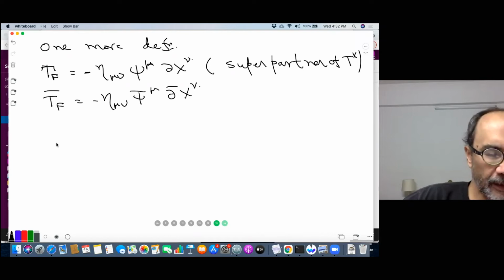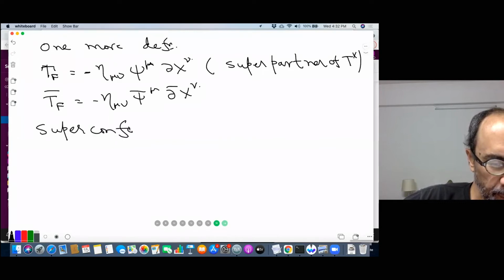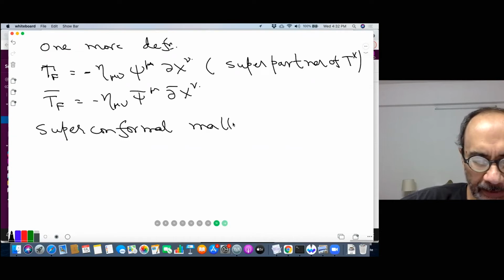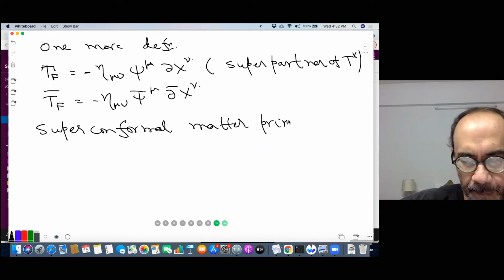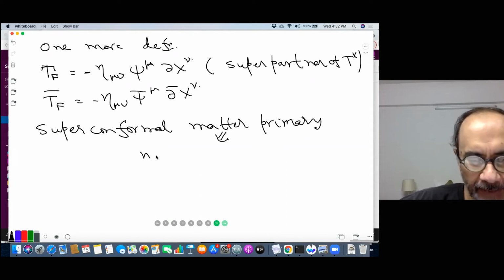Based on this, we can define what we'll call a super conformal primary. This is a super conformal matter primary in the matter sector. Matter basically means that it's made of X, psi, psi bar, no ghost.